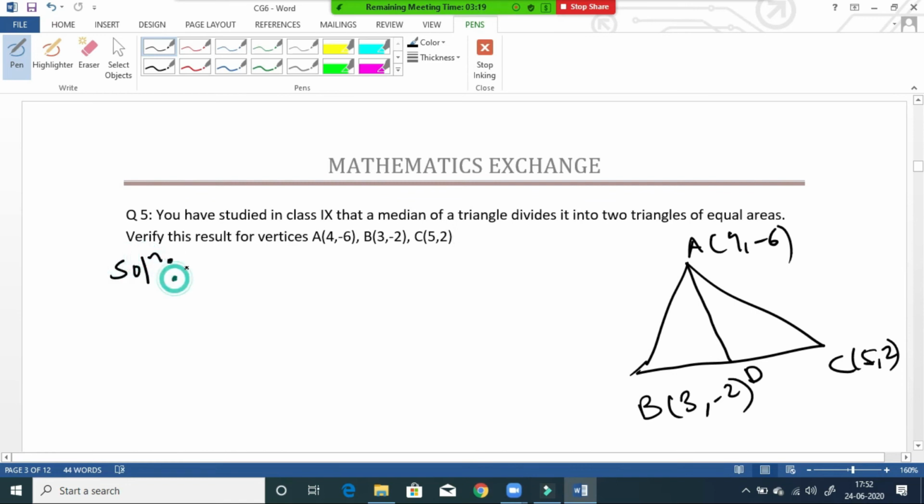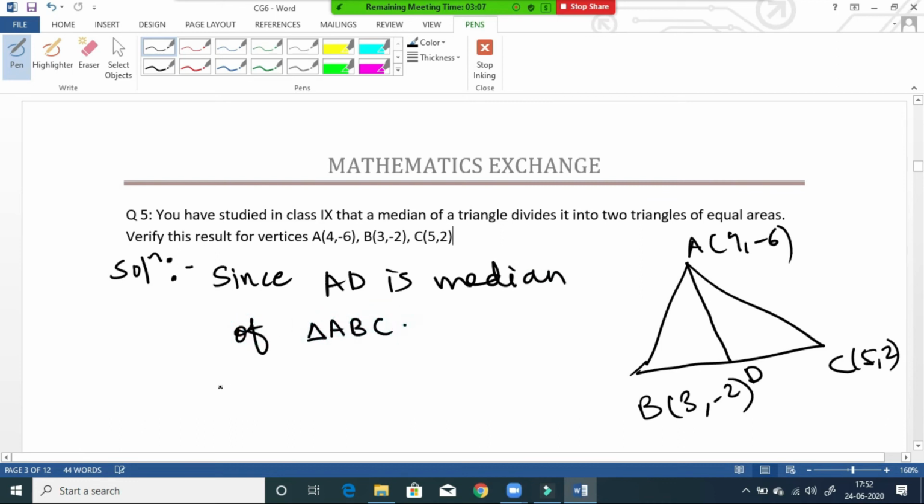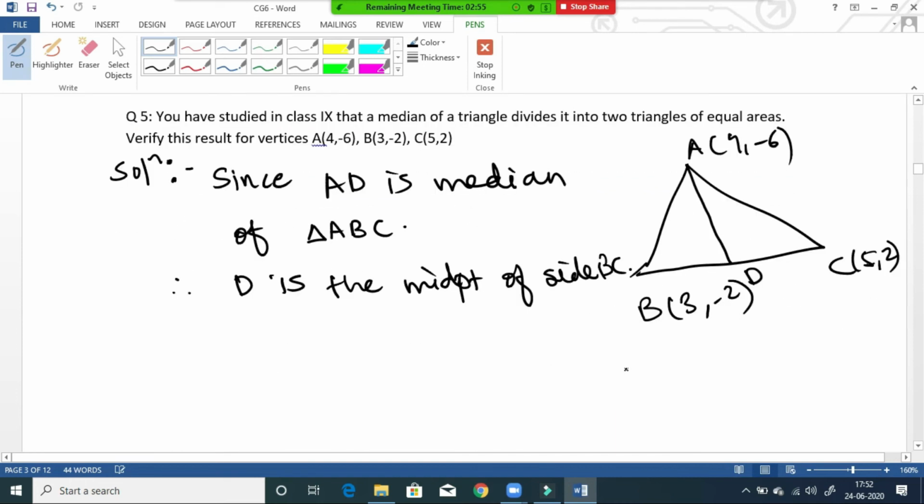So we have to use this property, since AD is median of triangle ABC. So we can now tell that D is the midpoint. So we write down here D is the midpoint of side BC, because a median divides the opposite side into equal parts.